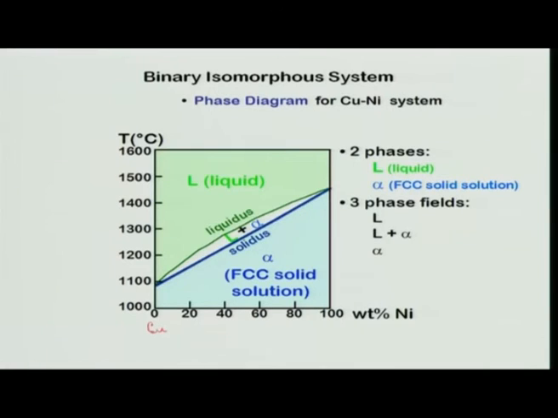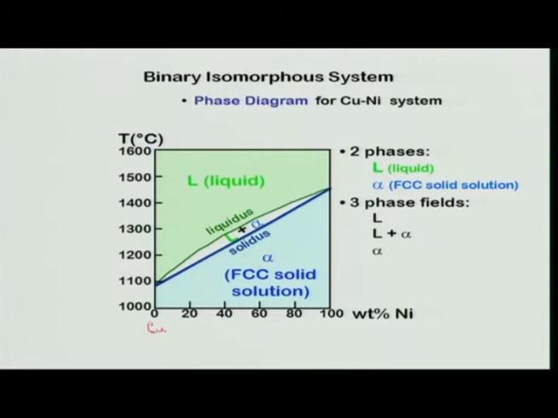Now again this phase diagram looks the same as I told you, a lens shaped diagram, where liquid and solid phases are separated by a lens shaped region between solid and liquid. So the upper curve is known as liquidus, the lower one is known as solidus. There are two phases, liquid and alpha, and three phase fields: liquid, alpha and liquid plus alpha.